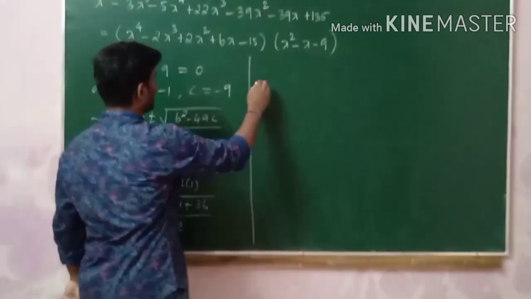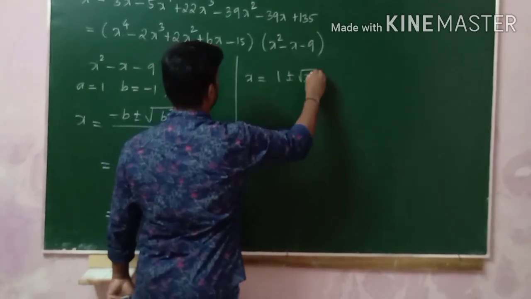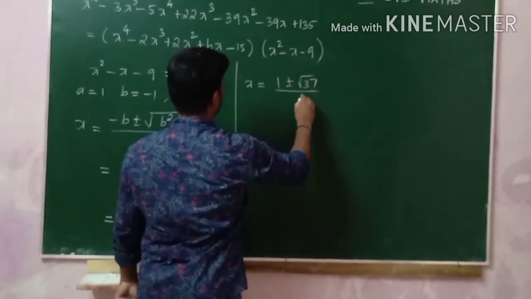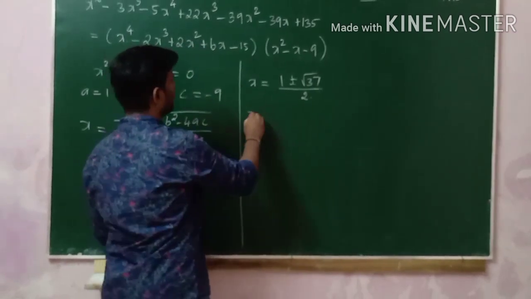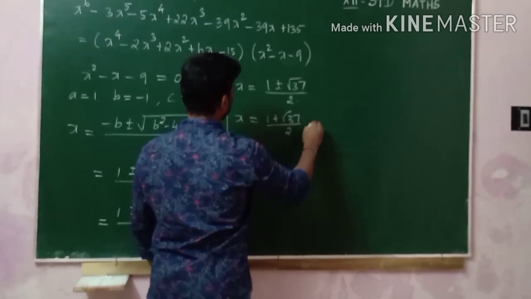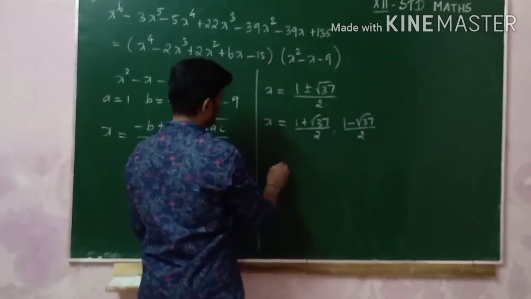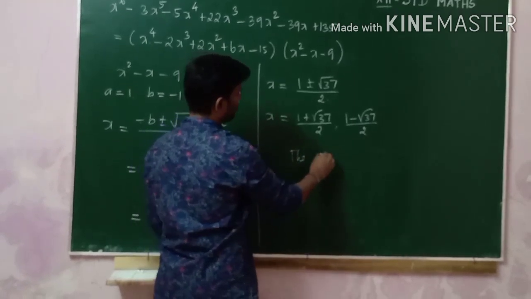So x is equal to what? 1 plus or minus square root of 37 by 2. So we have found the two roots, 1 plus square root of 37 by 2 and 1 minus square root of 37 by 2. So we found all the 6 roots.